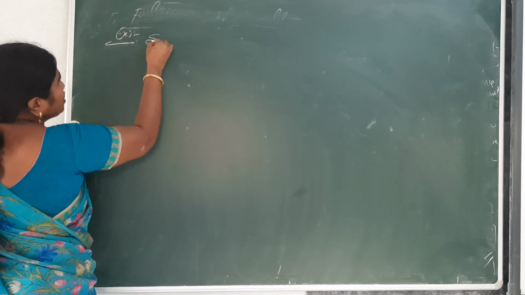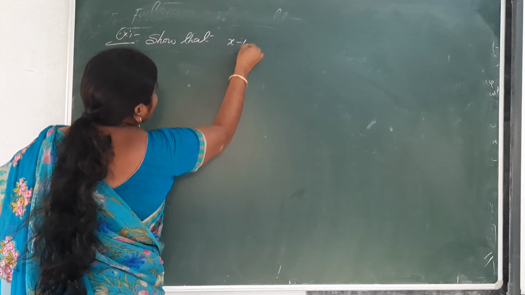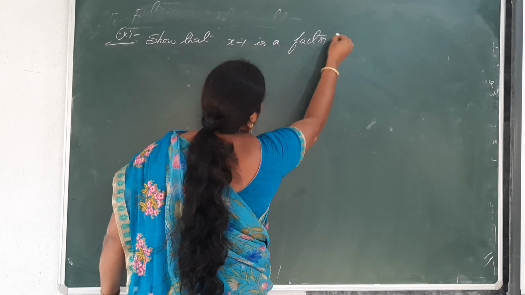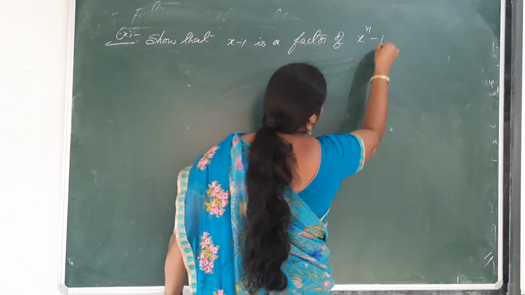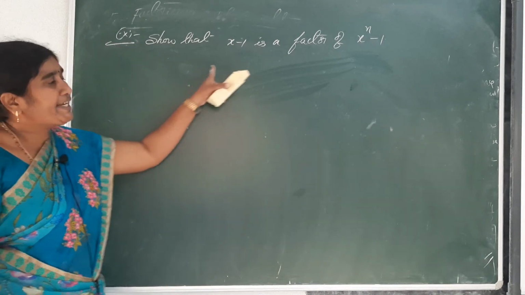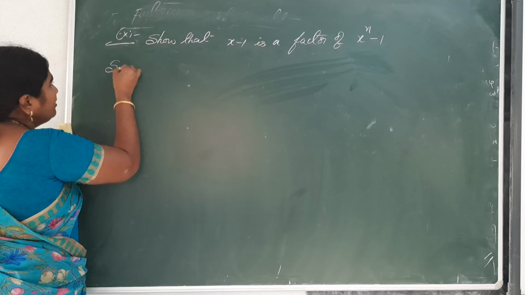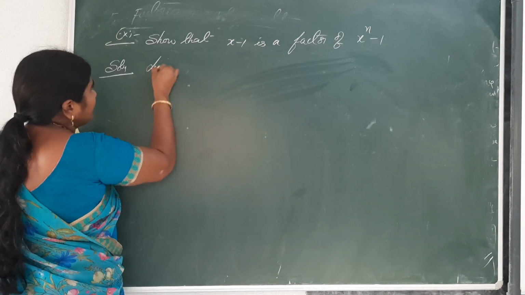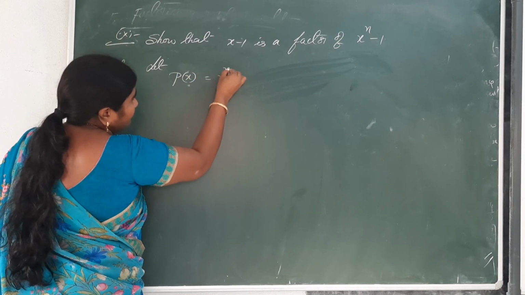First example, show that x minus 1 is a factor of x power n minus 1. Solution: let the given polynomial p of x equal to x power n minus 1.